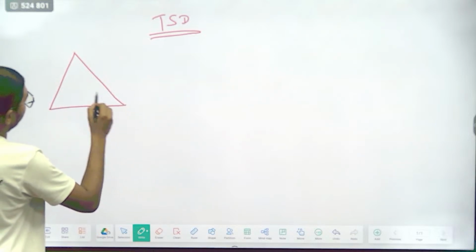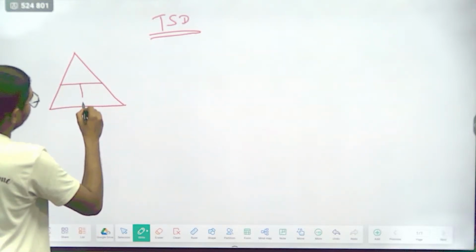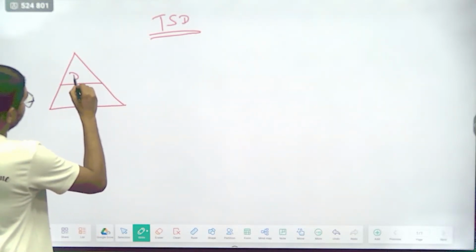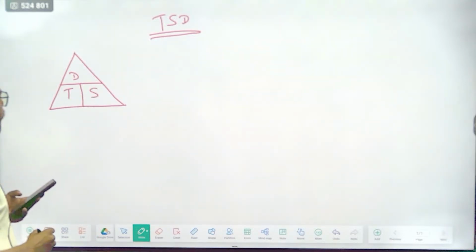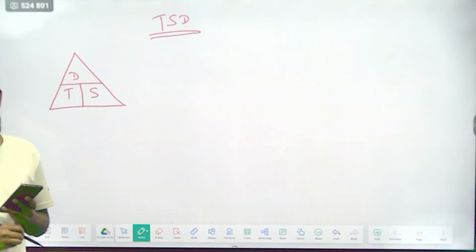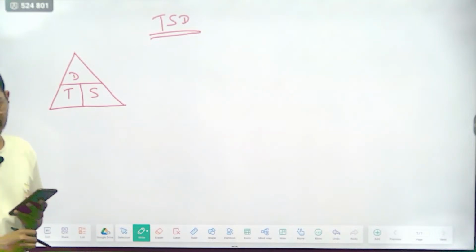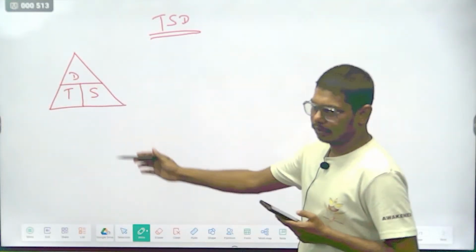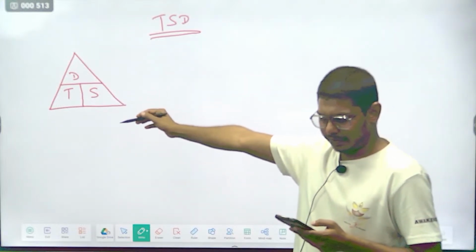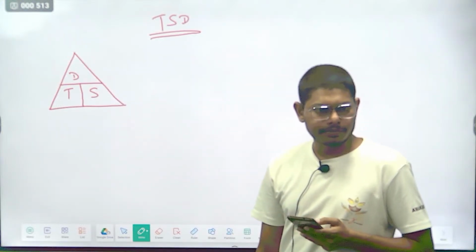Keep this triangle in your mind. This is distance, this is time, this is speed. Keep this triangle in your mind, guys.